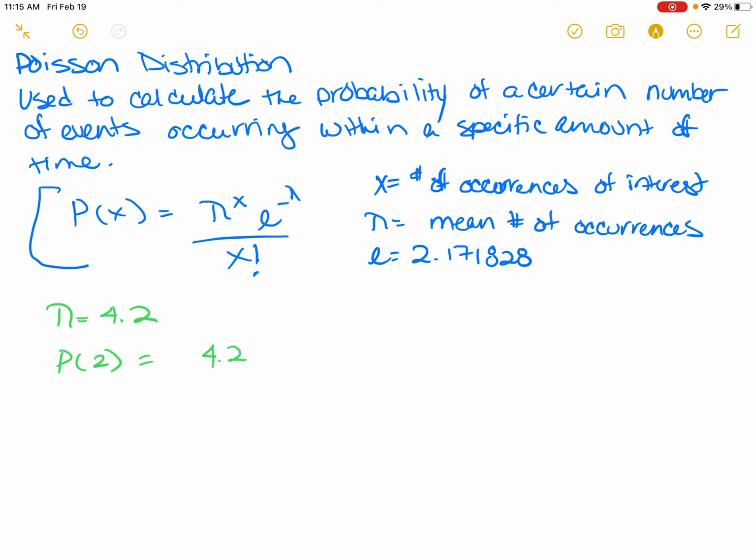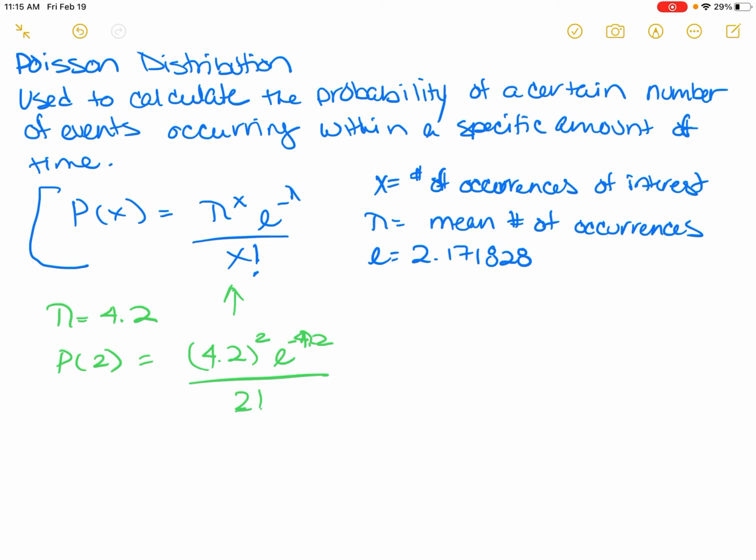Given this formula, that is going to be equal to 4.2 to the x, which is 2, times e to the negative lambda, which is 4.2, divided by 2 factorial.